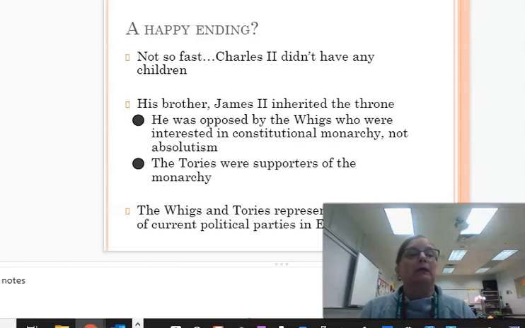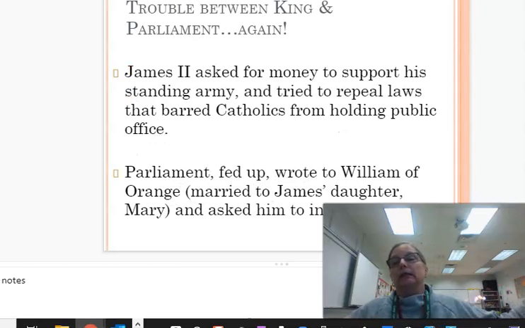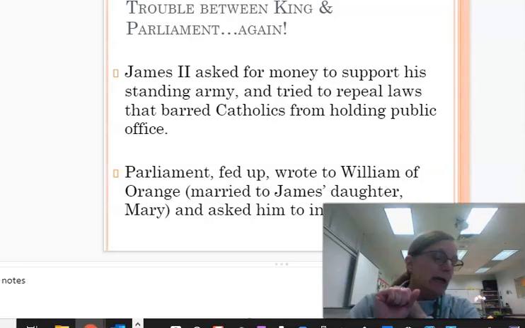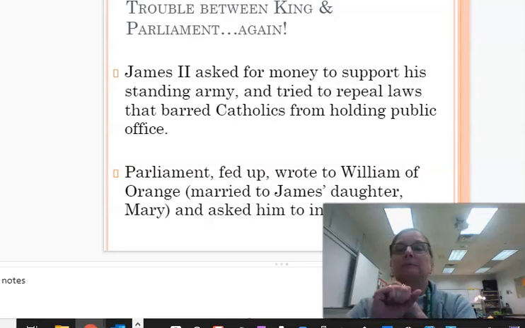What ends up happening is they meet, they work out their differences, and James becomes king. Yay! Couple problems. One, James II is asking for money to support his army. Parliament doesn't want to give it. James and Parliament are fighting, and he says, I don't need to listen to you. Kind of sounds like he didn't learn from his dad.